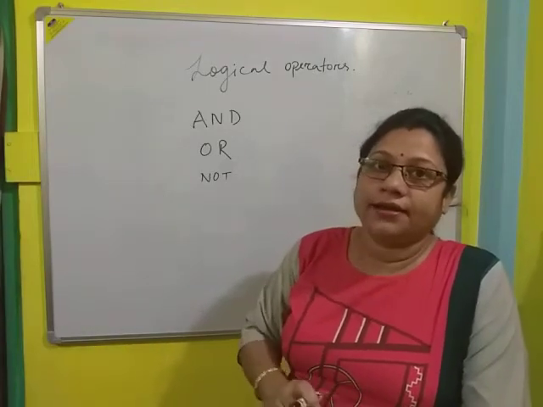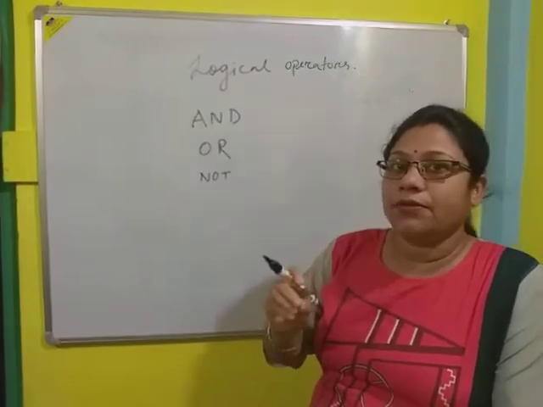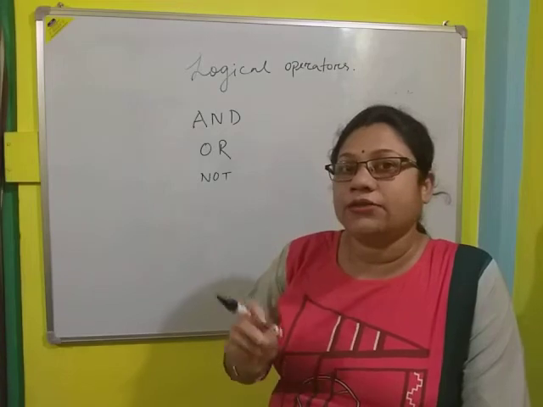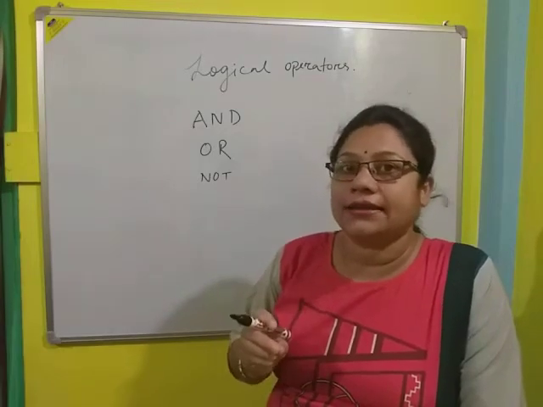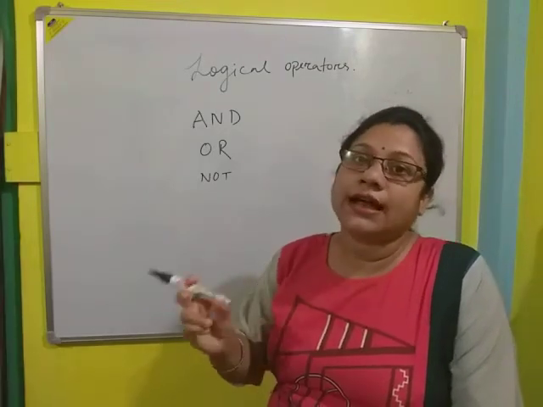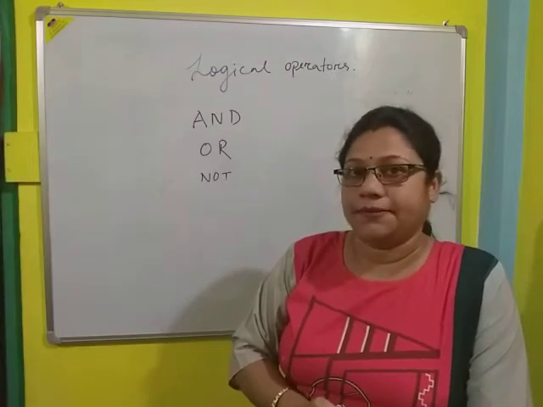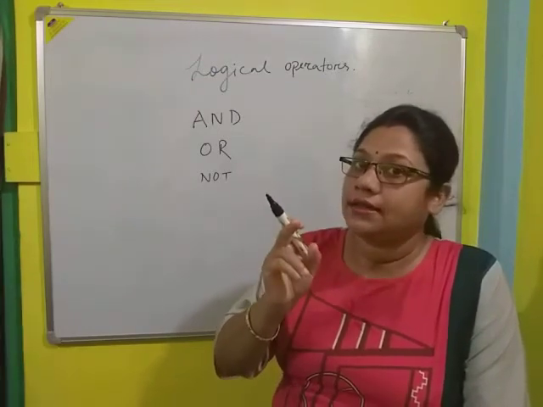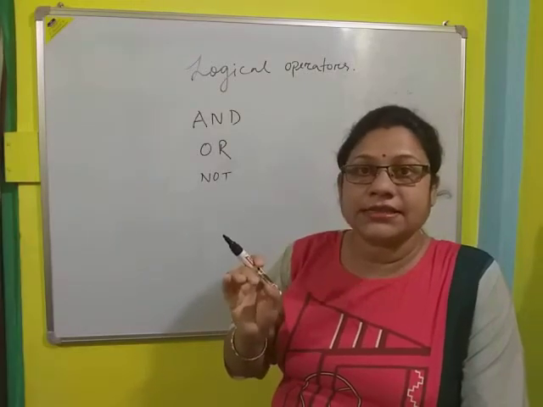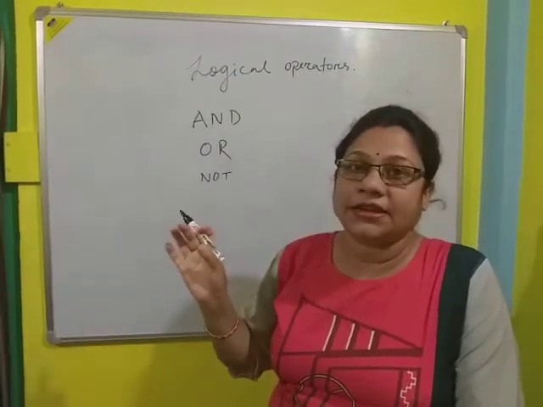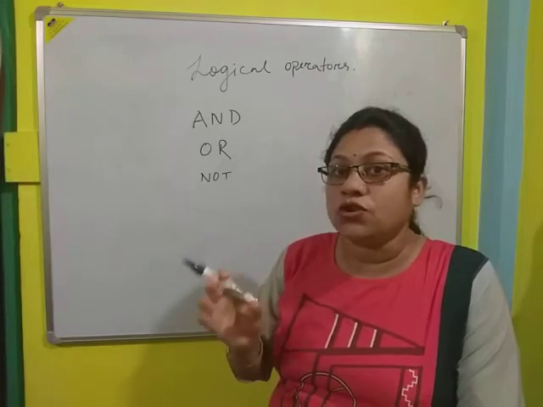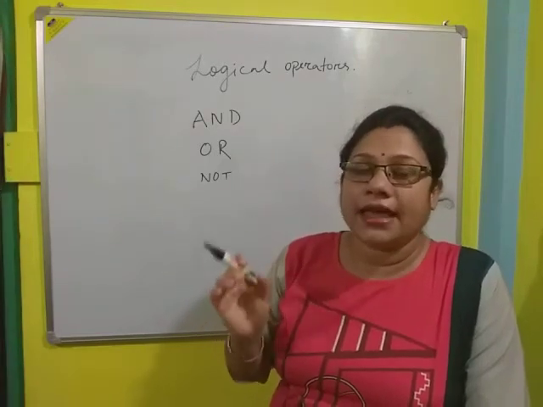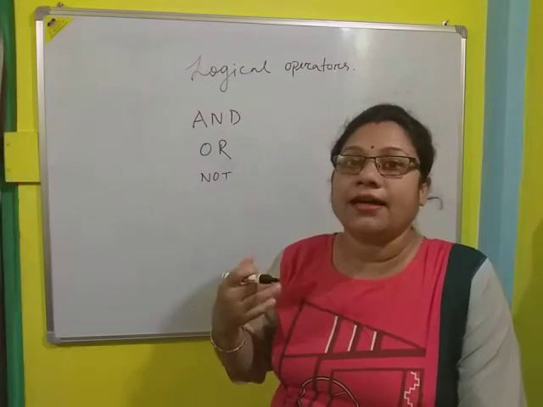Here the SQL statement will execute and display the result only if both the conditions are satisfied. So if both conditions, that is greater than equal to 16 and less than equal to 20, which are the 2 conditions I am using there, are satisfied, then it will display the result.